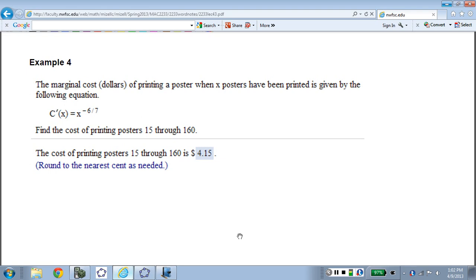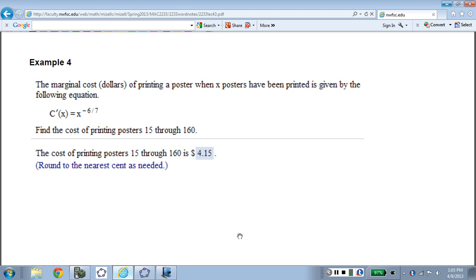What we want here is a way to evaluate the cost function and find the total area bounded by the cost function and the x-axis. So the total cost for printing posters 15 through 160.